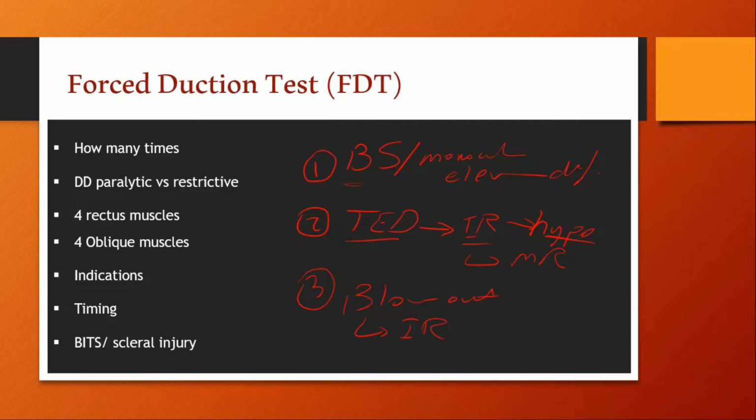Suppose the inferior rectus is restrictive in thyroid eye disease and you did an inferior rectus recession. You have to end your surgery by doing the forced duction test again to document that it became negative. So that's why I asked how many times: at the start of the surgery and at the end of the surgery, if you are operating on a restrictive strabismus case.